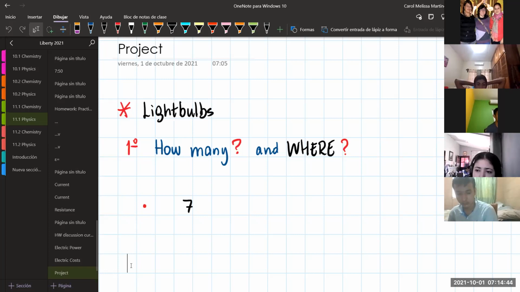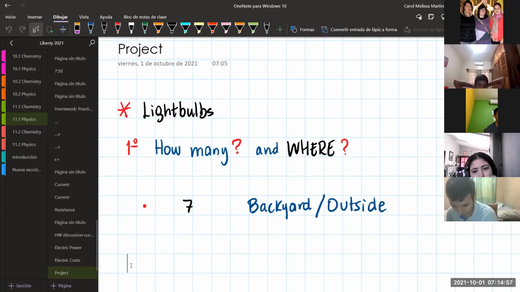Where? Well, actually, it's everything that I have outside. I'm counting them together because I turn them on at the same time. That's important. They are located in the backyard and outside.